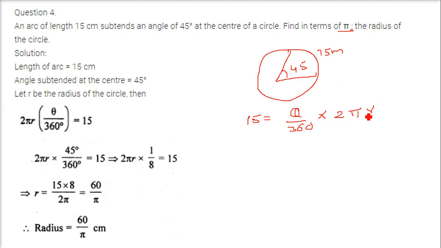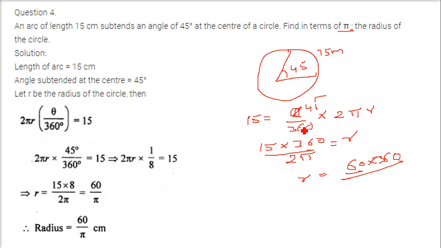So what we will do, we have this r to be found out. So 15 into 360 by 2 pi will be equal to r. You have theta by 360, theta is also known, so theta is 45 degrees.